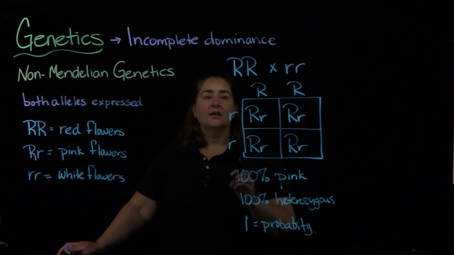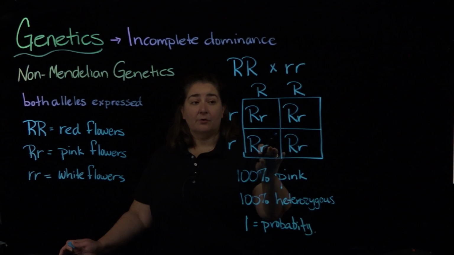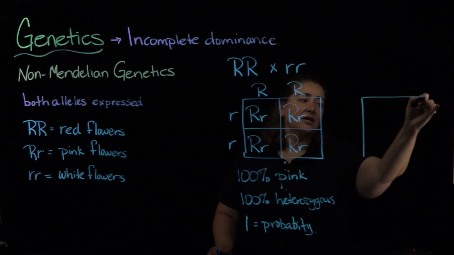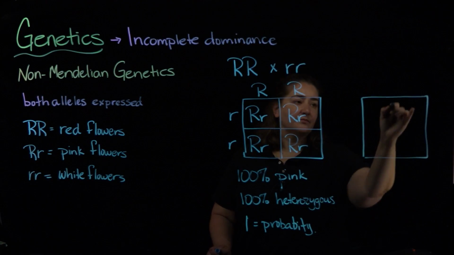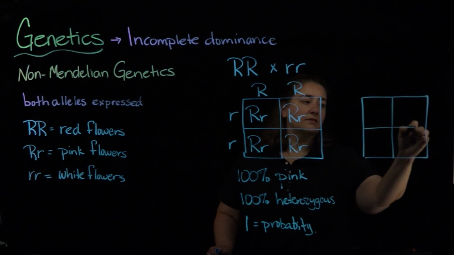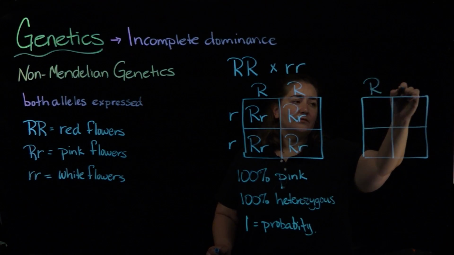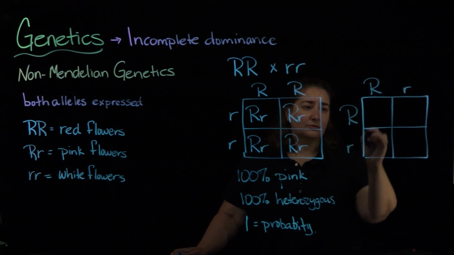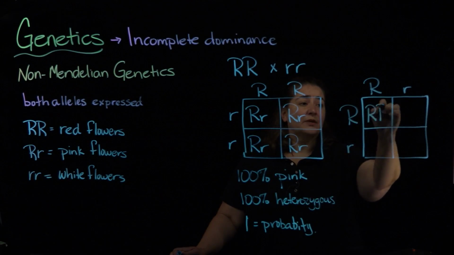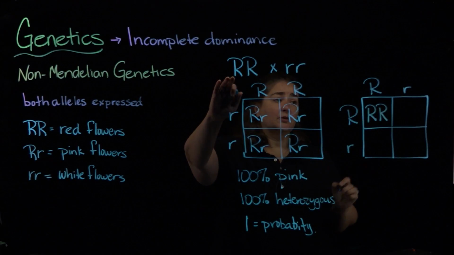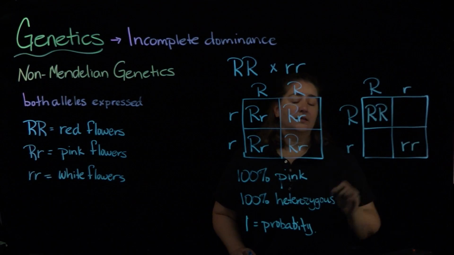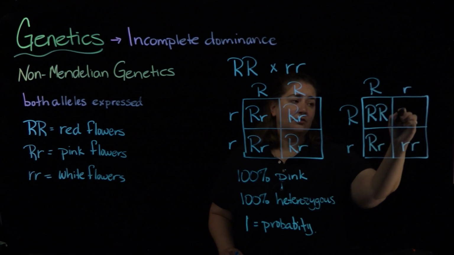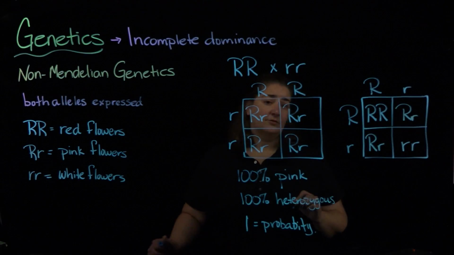Now, if we take the F1s from this, two individuals that are heterozygous, and set up the Punnett square, we're going to see something different come out. We're going to see a reappearance of the parental alleles, the red and the white, but we are also going to see what we observed in the F1 generation, which is the pink flowers.